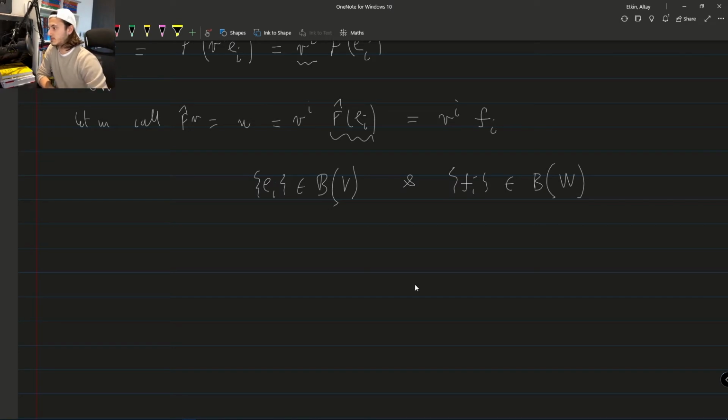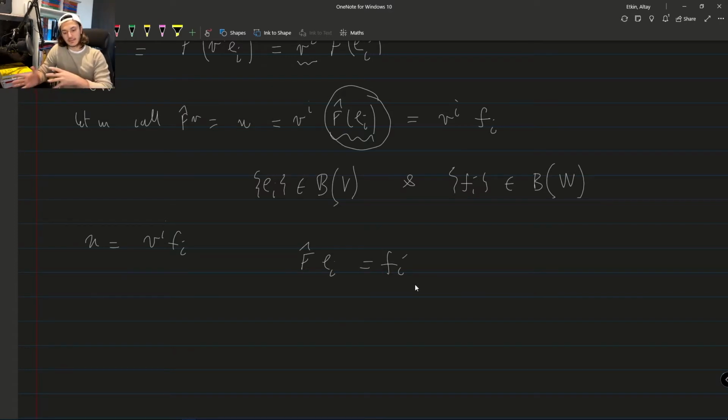And we said u is v^i f_i, and that means one thing. This new thing, f acting on e_i giving you f_i, basically transforms bases in one vector space into bases in the other vector space.